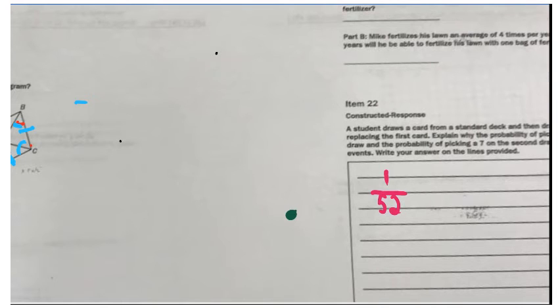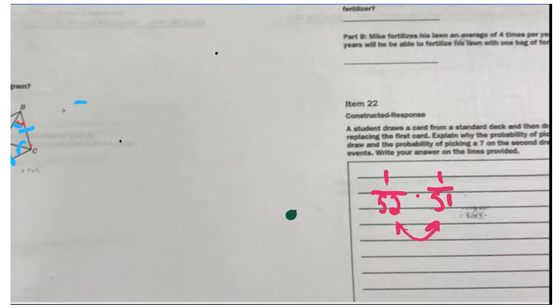So you're drawing 1 out of 52, and then your probability of picking another card depends upon the first one because you're now seeing what's the probability of 1 over 51 because you're not replacing that card in the deck. So you now have different denominators, which means they're not mutually exclusive.